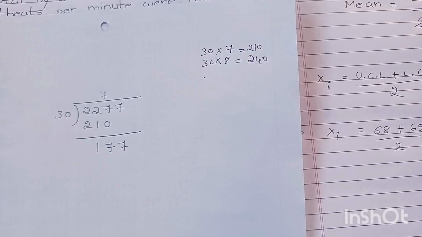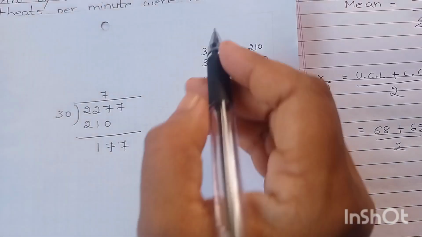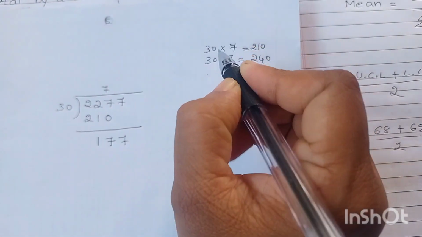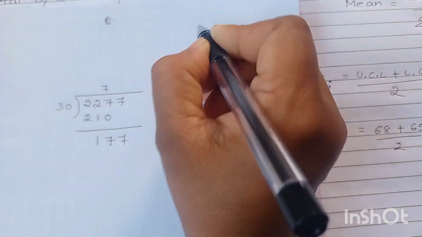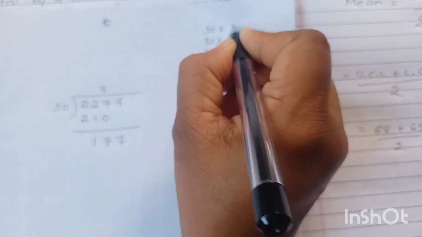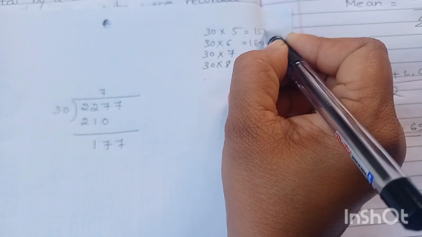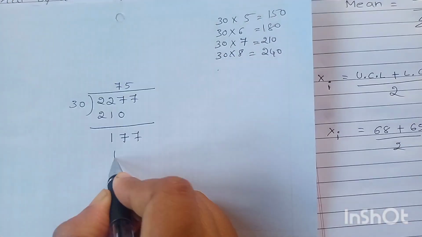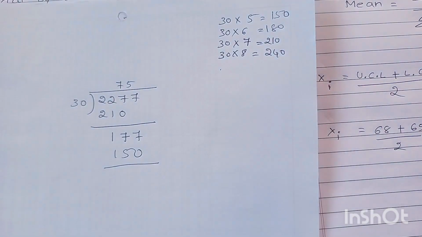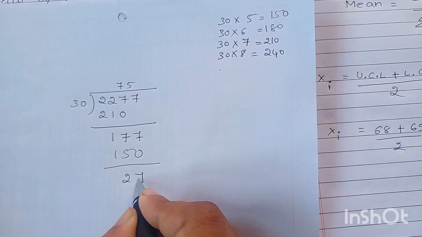That is 177. 30 5s are 150. See here. 30 6s will become 180. Therefore we have to take 5, that is 150. 177 minus 150 is 27.